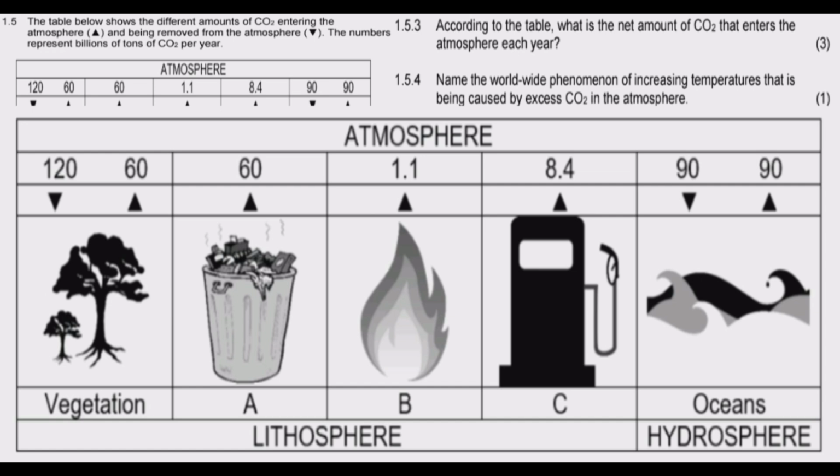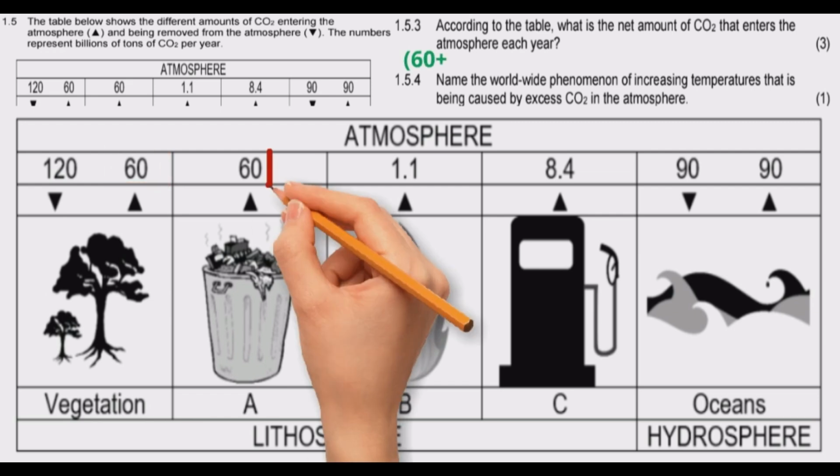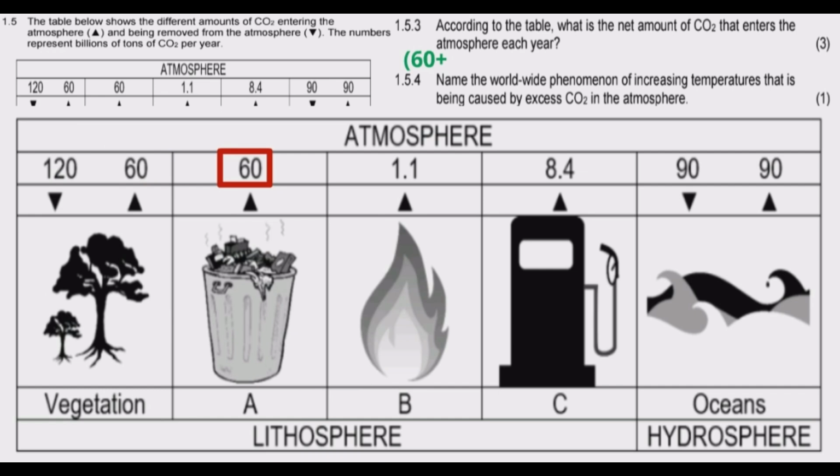When you look at the plant, it is adding 60 billion tons of carbon dioxide, so I'll write 60 there. Then plus what the bins are adding, which is also 60, so plus 60. Here it is adding 1.1, so I'm going to write plus 1.1.